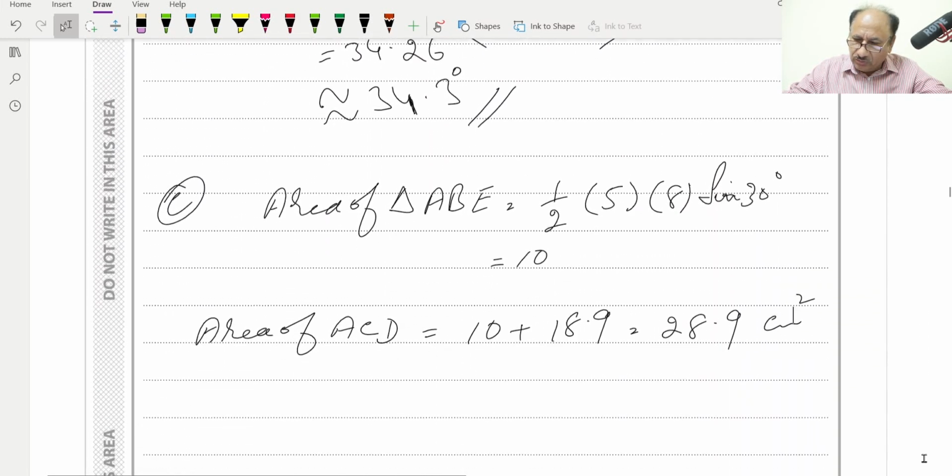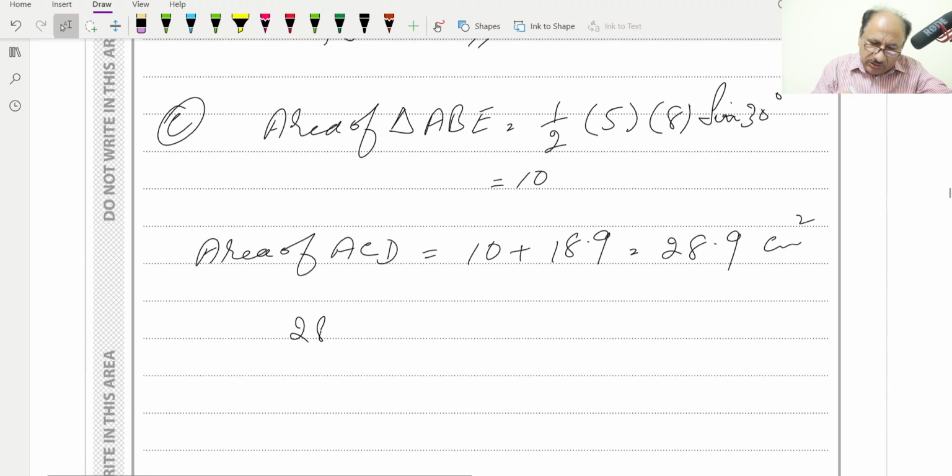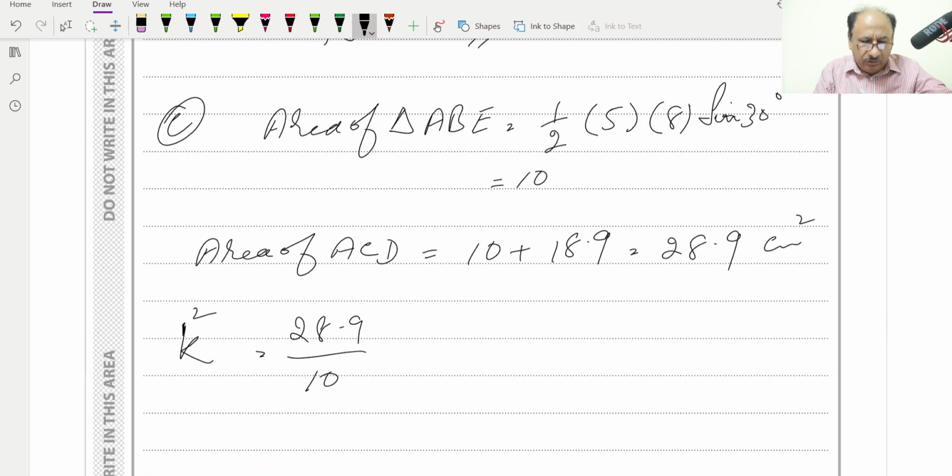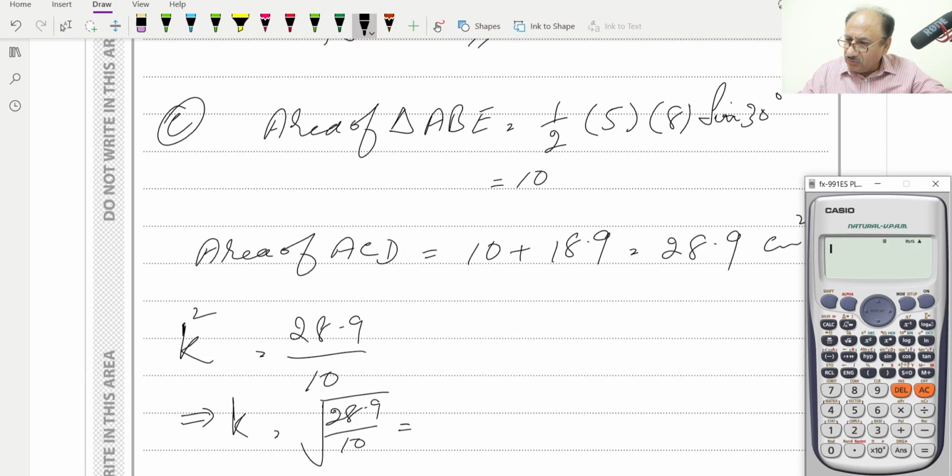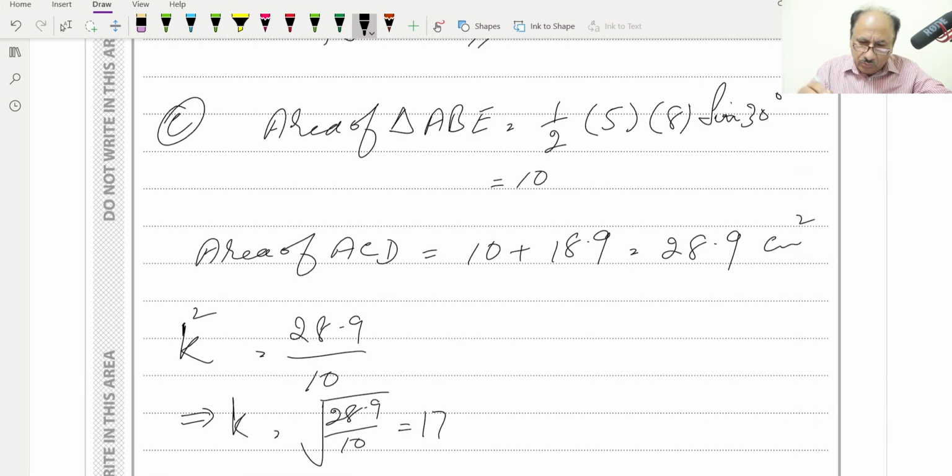The area ratio is 28.9 and the other area is 10, and this will be k squared. So k is equal to the square root of 28.9 divided by 10, and the square root of the fraction 28.9 divided by 10 is equal to 1.7. So the k value is 1.7.